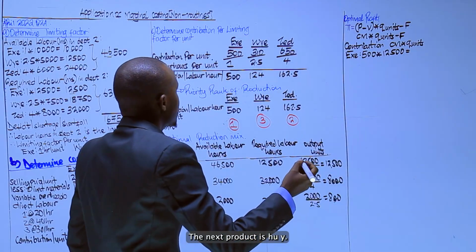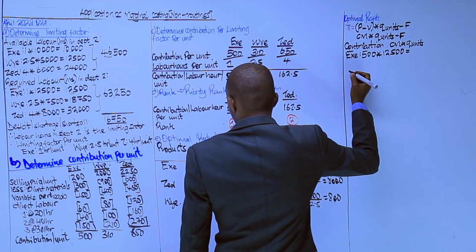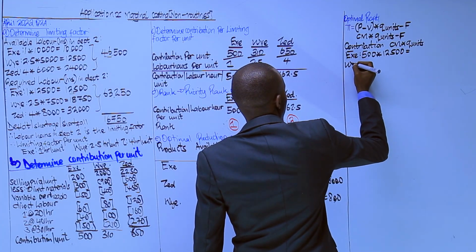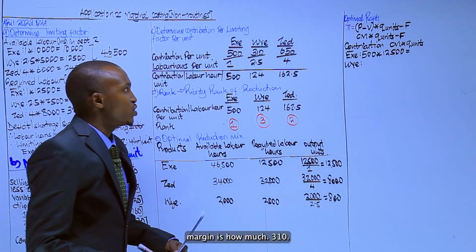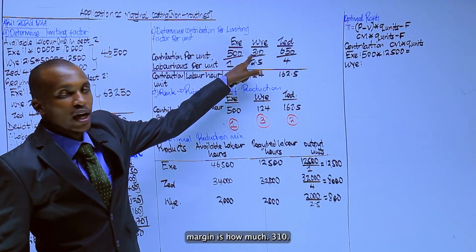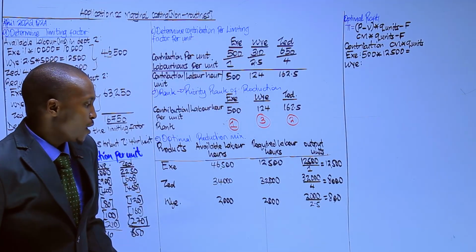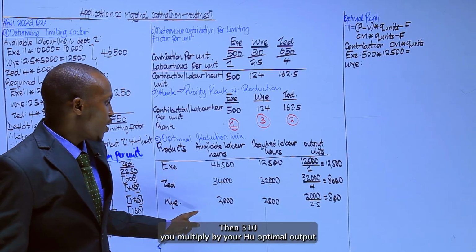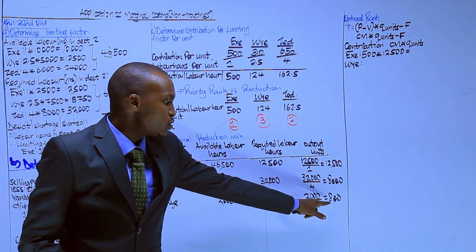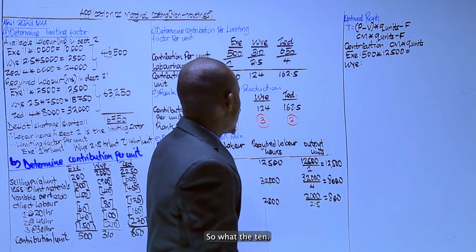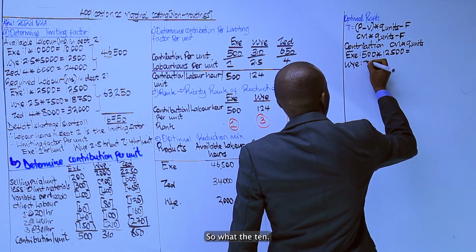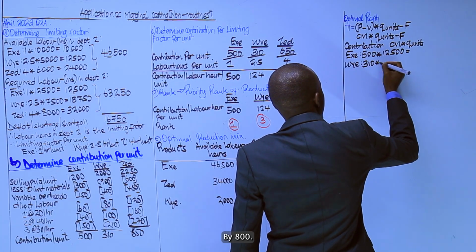The next product is Y, and your contribution margin is 310. Then 310 you multiply by your optimal output, which is 800 here. So 310 by 800.